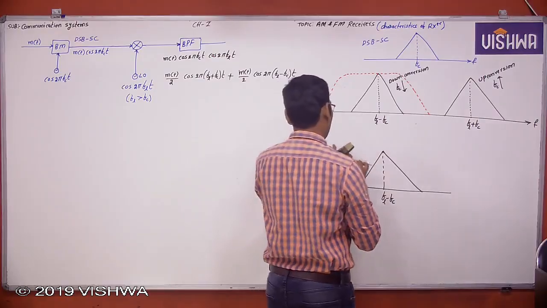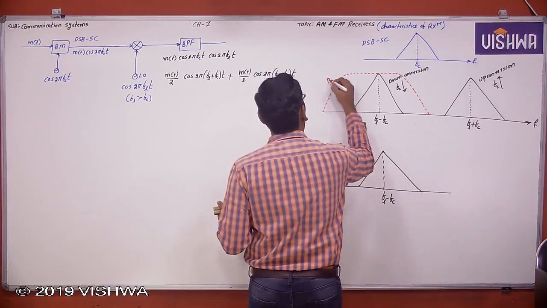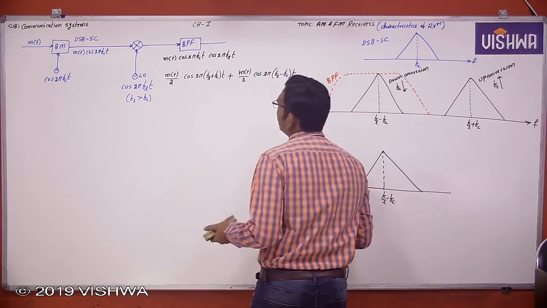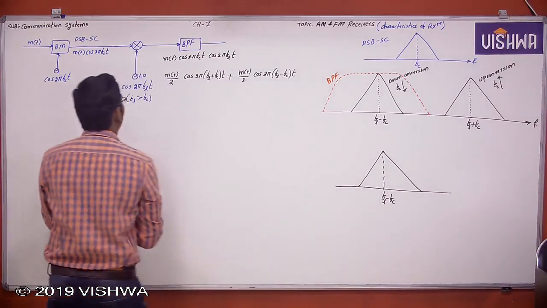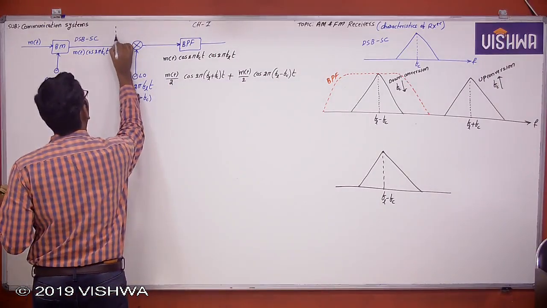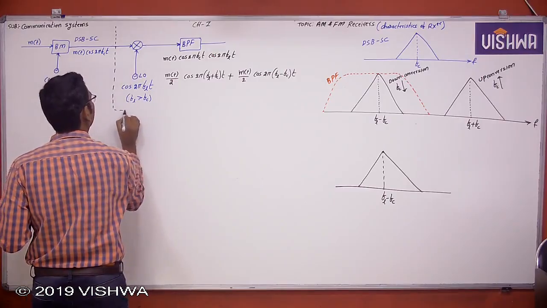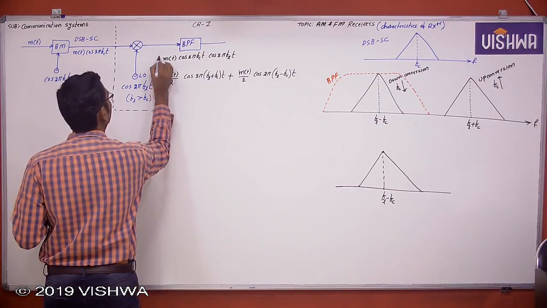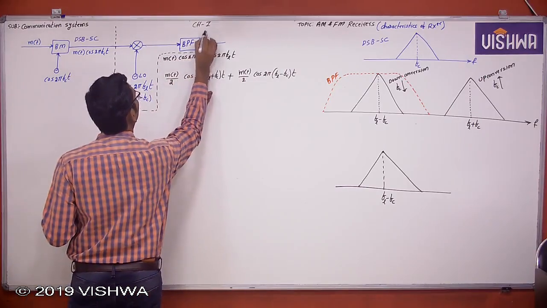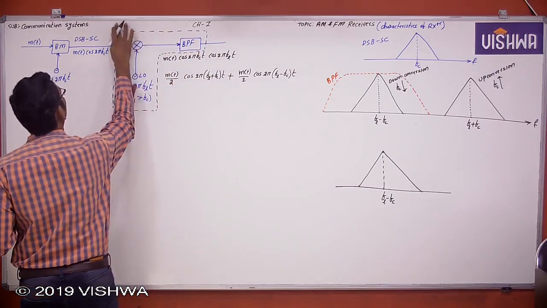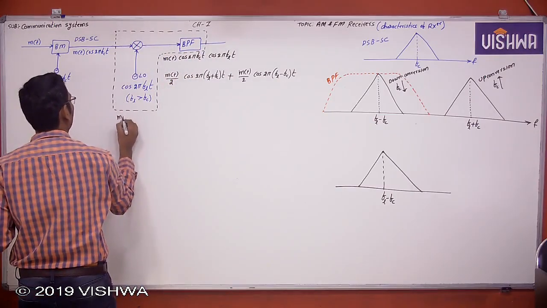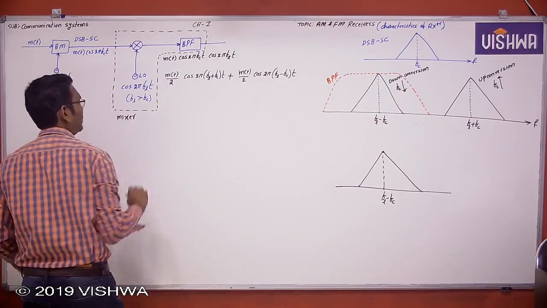Now this is the band pass filter. So this portion, what is this? This is nothing but the mixer. What is the mixer?